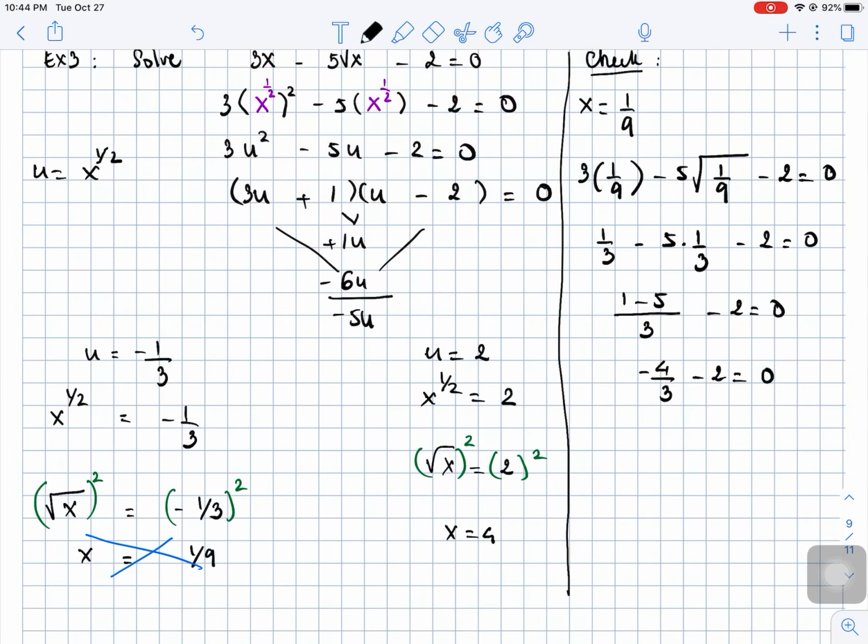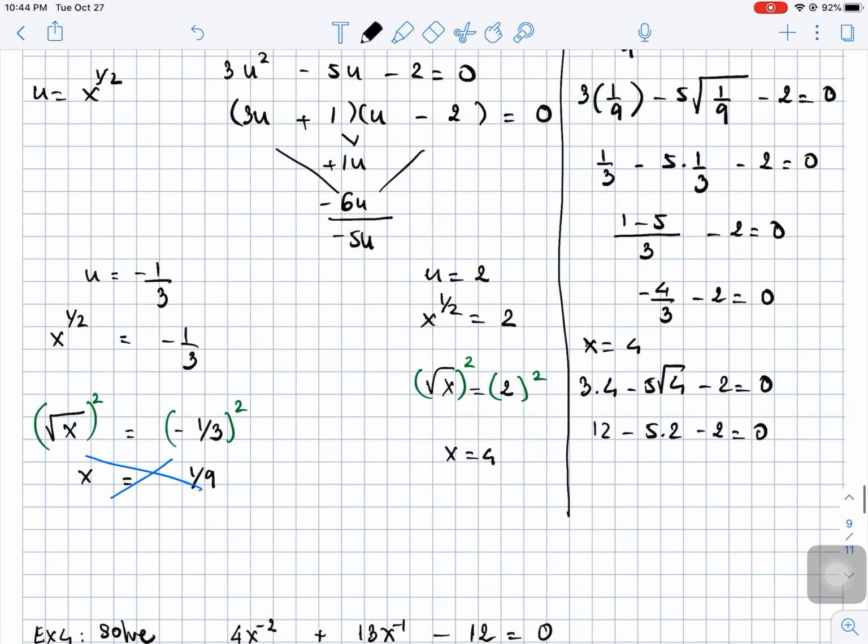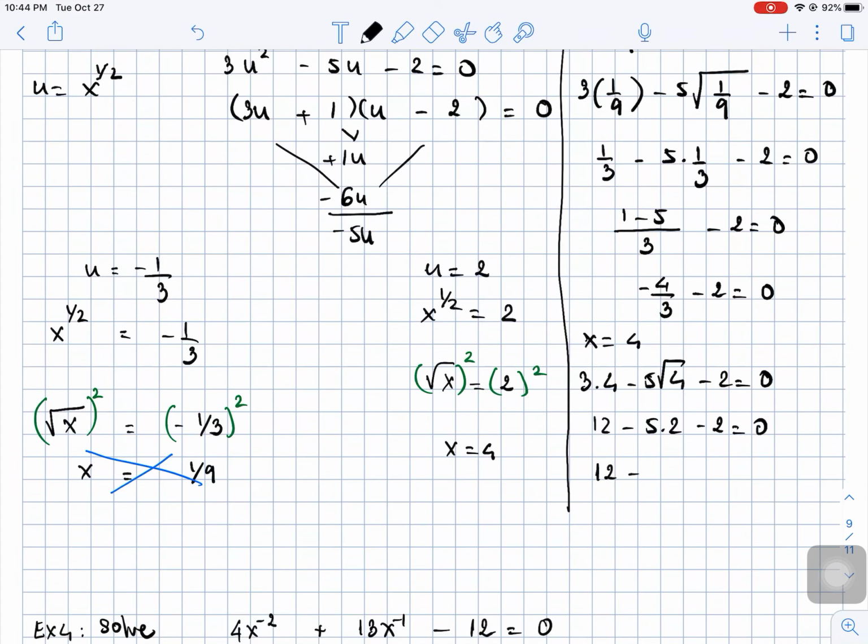The LCD is 3. Then we got 1 minus 5 minus 2 over 3 equal to 0. And you can see that negative 4/3 minus 2 cannot be 0. Okay, so it's false. So that's why we need to cross out the 1/9.